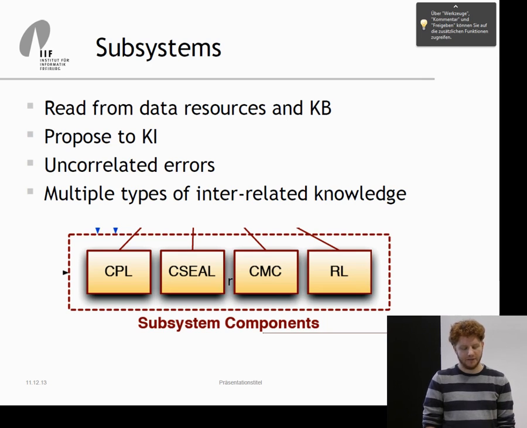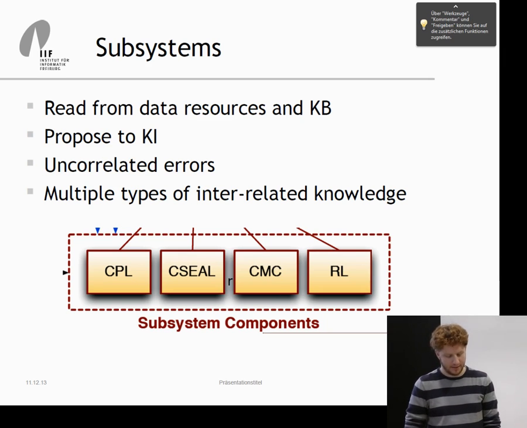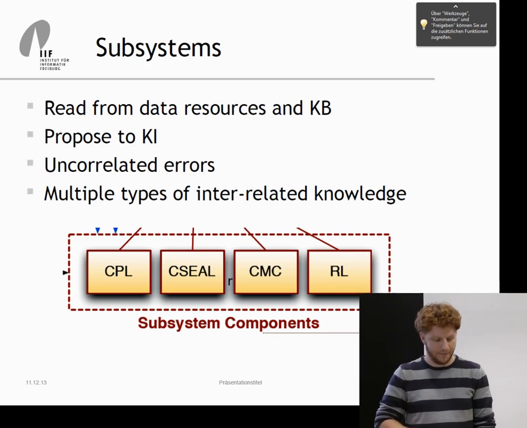Because of the different approaches, we get uncorrelated errors and multiple types of interrelated knowledge, so that the knowledge integrator can see that different approaches have the same result, and can therefore be more sure that a candidate can become a belief.